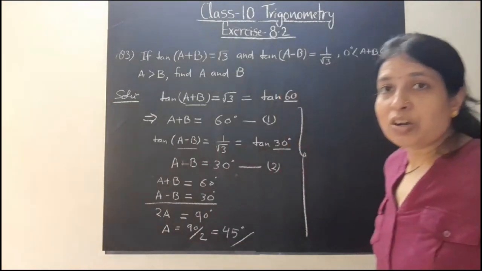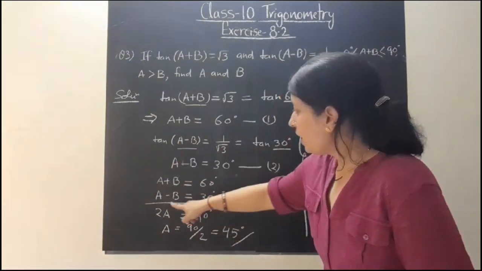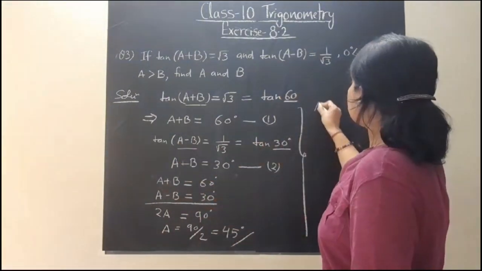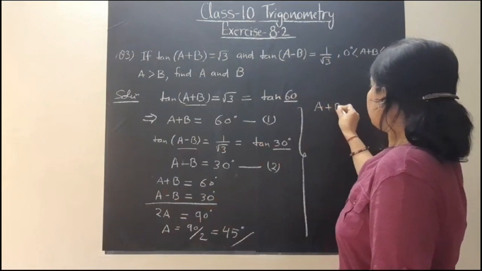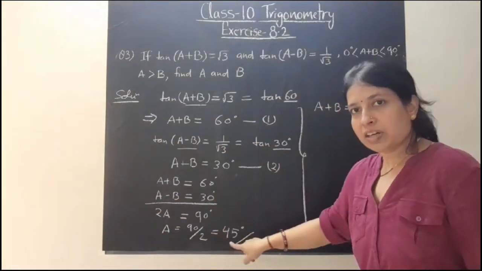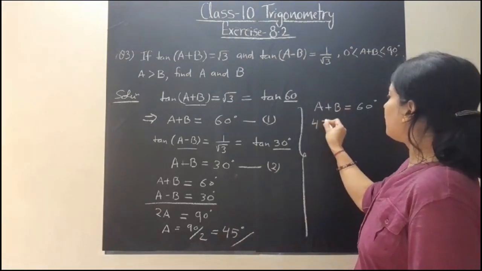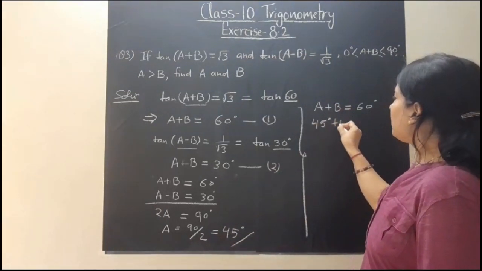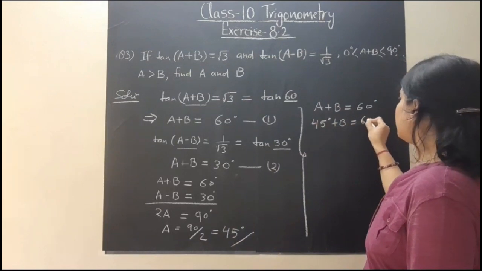Then what will be the value of B? It is given A plus B is equal to 60 degree, and A is equal to 45 degree. So write here 45 degree. So 45 degree plus B is equal to 60 degree.